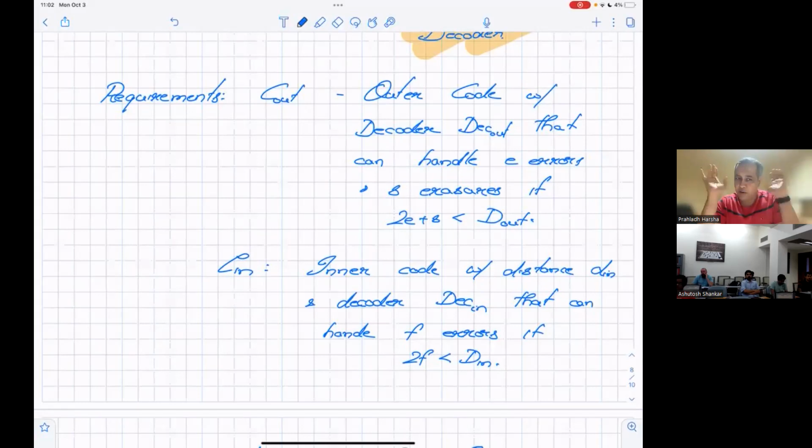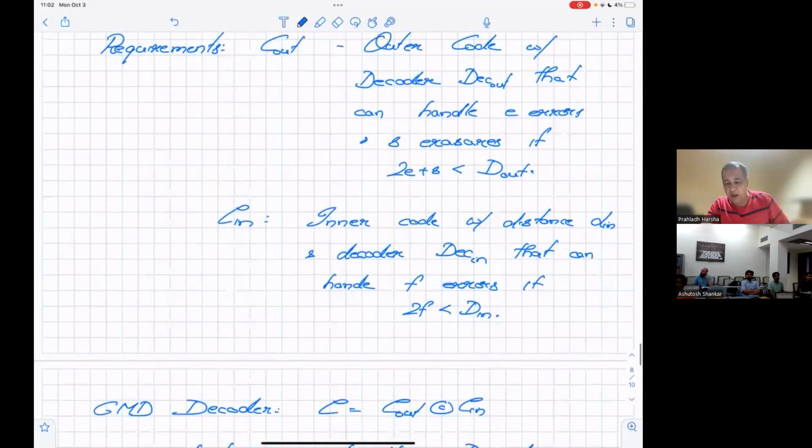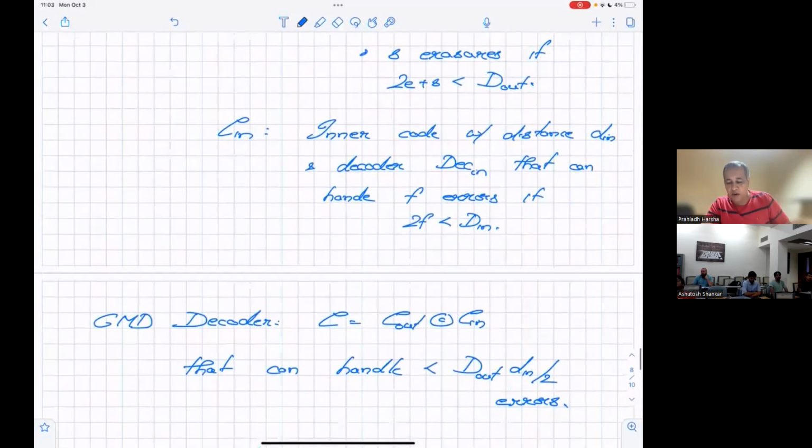And the inner decoder is some inner code decoder that can handle errors all the way up to half the minimum distance of the inner code. Suppose you had decoders for both the inner and the outer which satisfied this property. Forney is going to give a GMD decoder which, for the concatenated code, will handle errors all the way up to D out times D in by 2. This was not something the vanilla decoder did in the past.